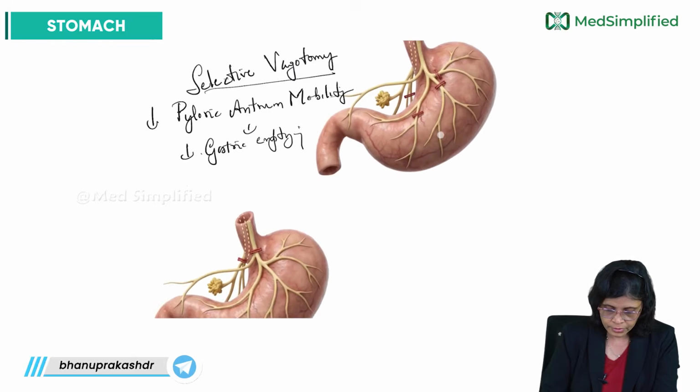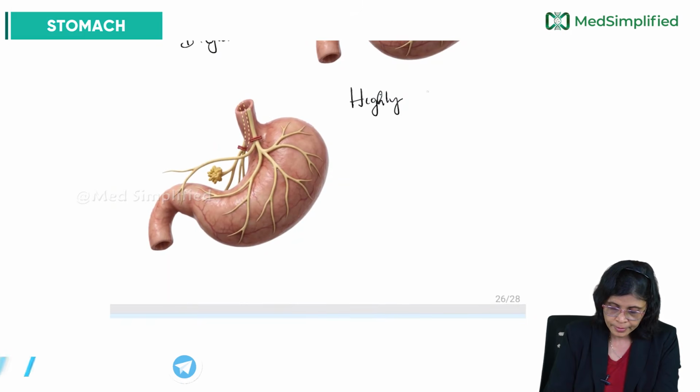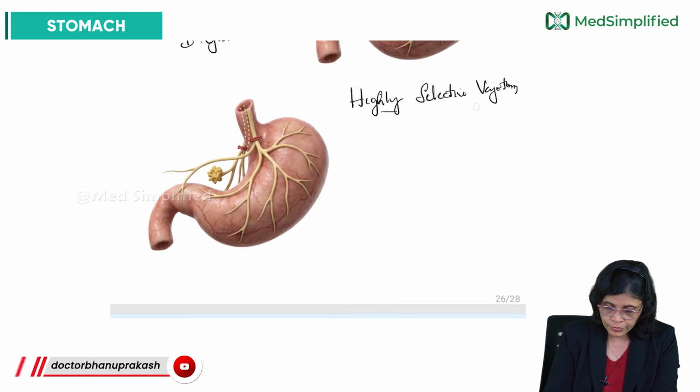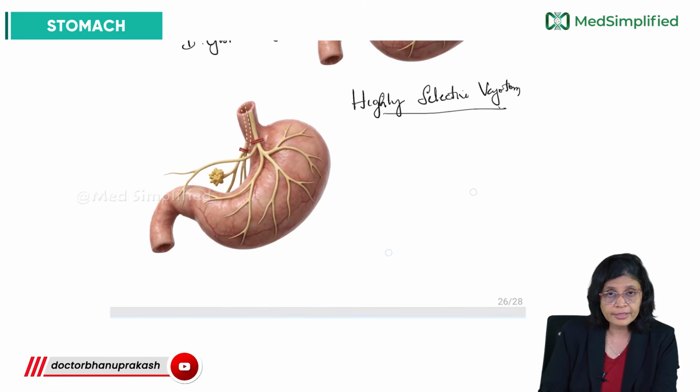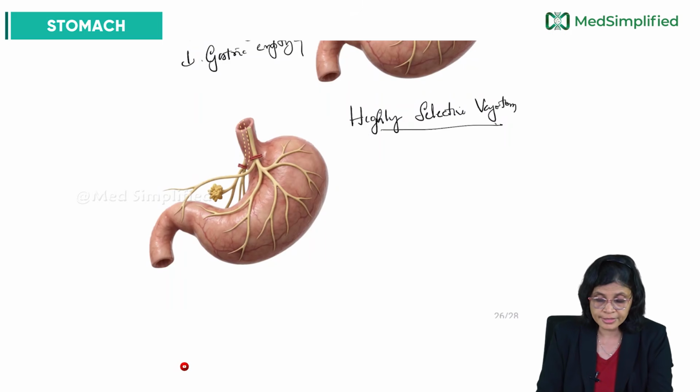So the third type of surgery is highly selective vagotomy. Highly selective vagotomy is the operation of choice. Nowadays, in case vagotomy is done, this is the surgery preferred for gastric ulcers.